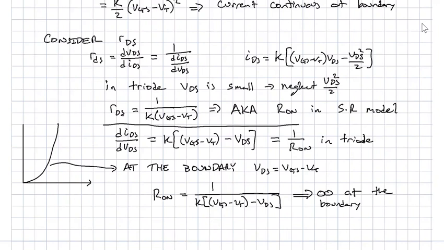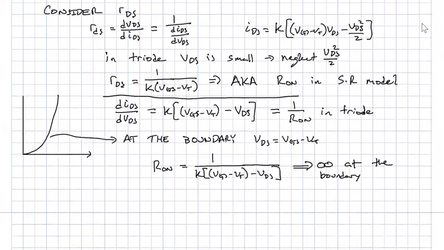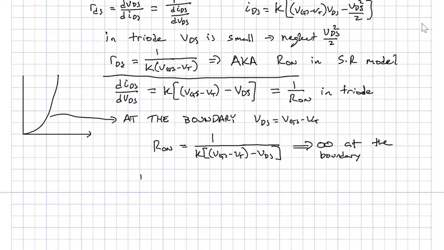So when you're in saturation, and I'm just going to remind us of this, in saturation we have IDS equal to K over 2 times VGS minus VT squared. And if we took dIDS/dVDS, it's 0.